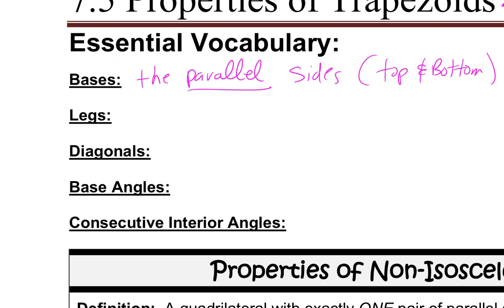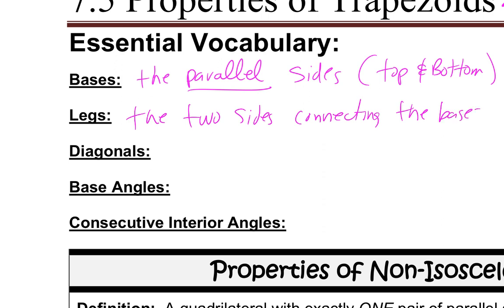Then the legs are the two sides connecting the bases together.